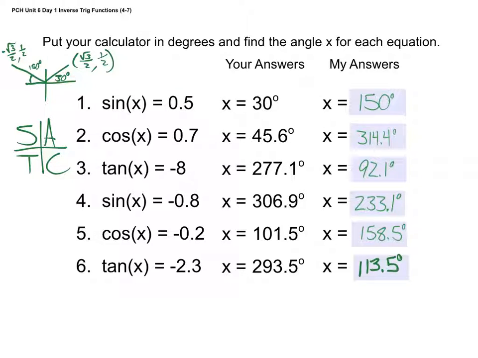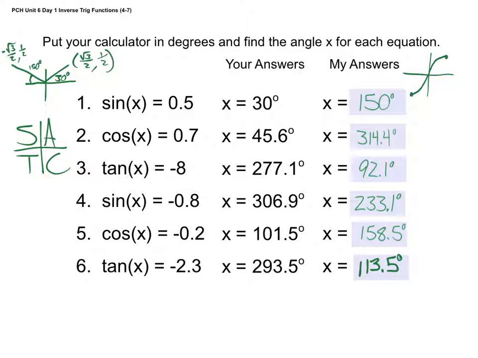Remember when we limited our domain? For sine, we limited it to be like this. And we said, wait, that's only half the period. What about the downslope on the other side of the period? Well, we're going to get those answers by using our reference angles. Okay?